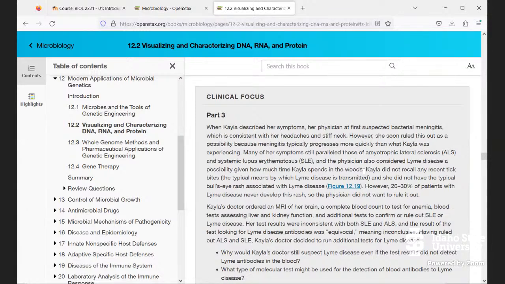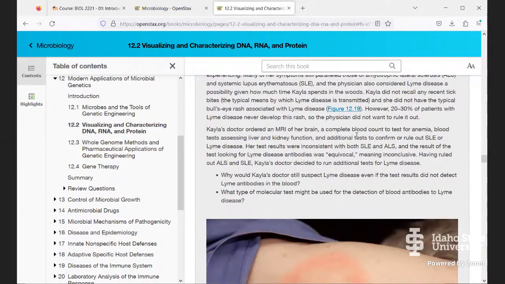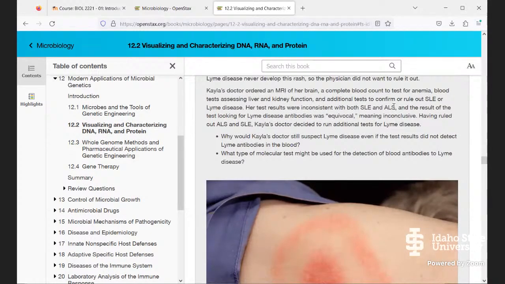She doesn't recognize or recall being bitten by a tick and never exhibited the bullseye rash, which was where we started really today's lecture with, all right? So they ordered an MRI scan, blood count for anemia and other tests, kidney function, trying to look for lupus, confirming or ruling out that, or Lyme disease.